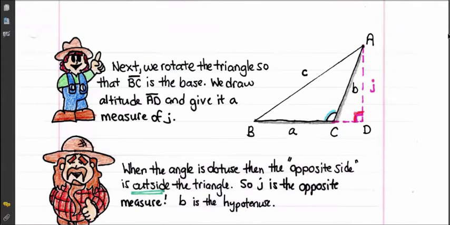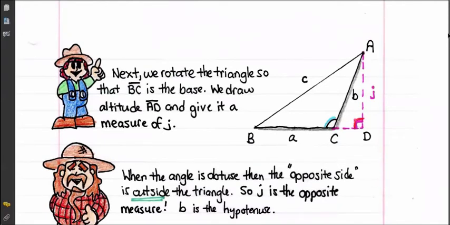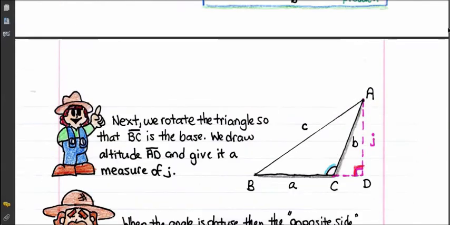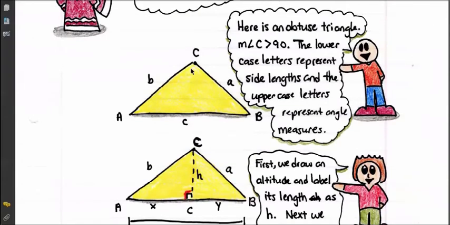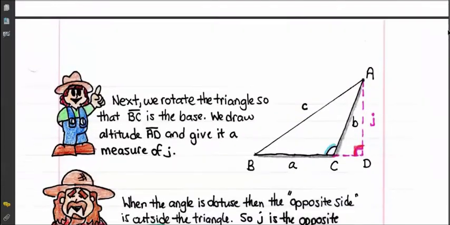So, okay, we're going to take our triangle that we just had up above, and we're going to rotate the triangle so that BC is the base. Let's scroll back up. Look at the triangle that we have. We're going to rotate it this way so that BC is the base. We draw altitude AD and give it a measure of j.